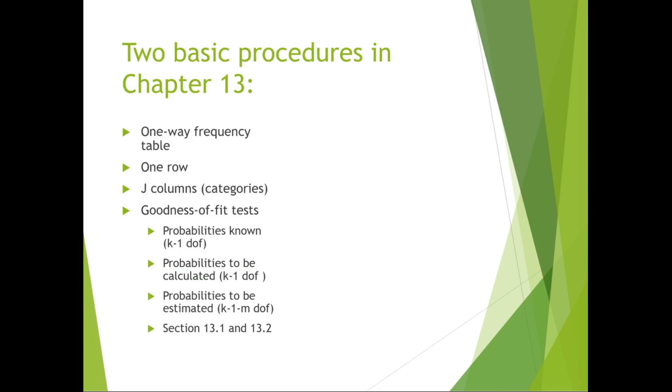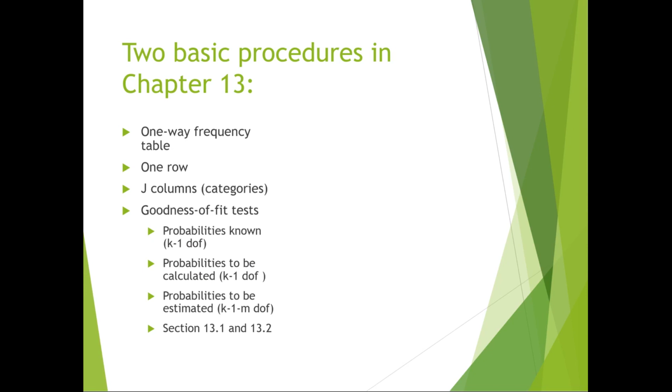In this chapter, we basically have two procedures. The one is based on a one-way frequency table where you have one row and j columns, and for that we considered three goodness of fit tests where probabilities were known, where probabilities had to be calculated, and where probabilities had to be estimated, and this is covered in sections 13.1 and 13.2.